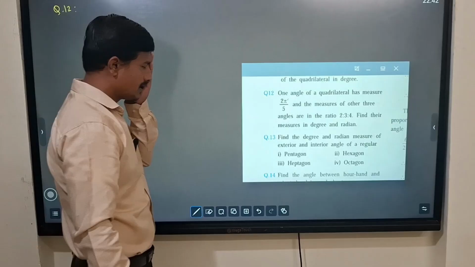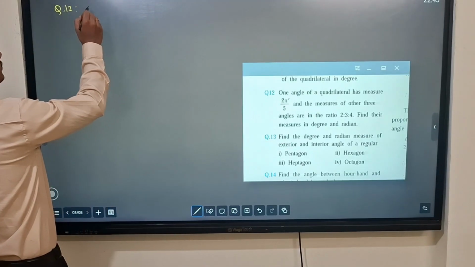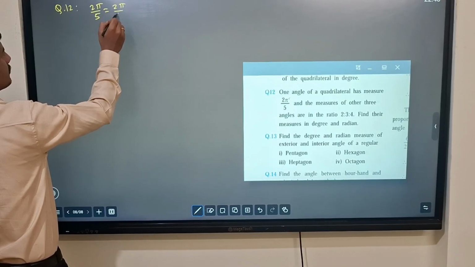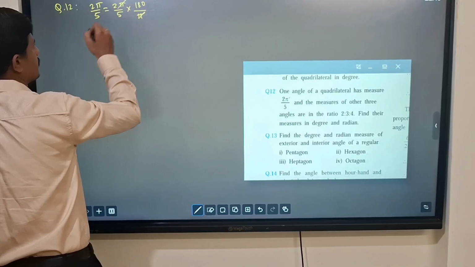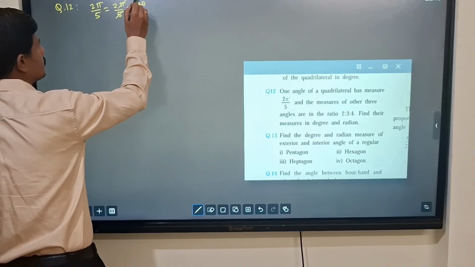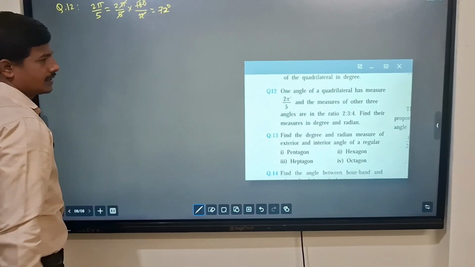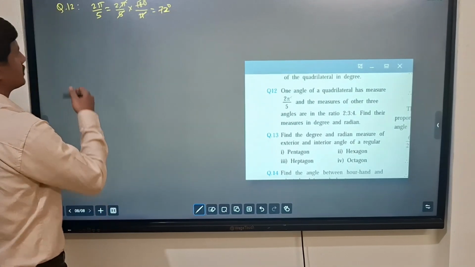One angle of a quadrilateral has measure 2 pi by 5 radian. See, that angle is 2 pi by 5 radian, means 2 pi by 5 into 180 by pi. So 5 36s are, this is 72 degree. And other angles are in ratio 2 : 3 : 4.